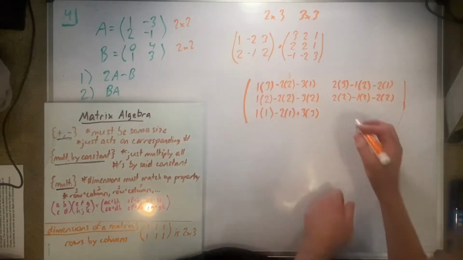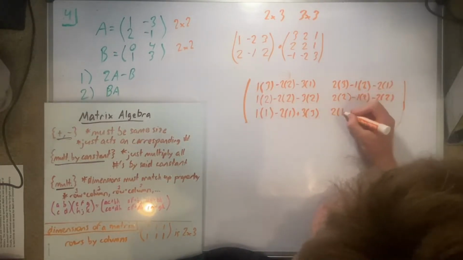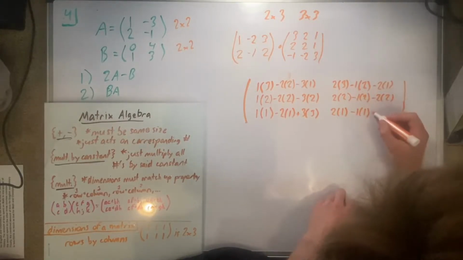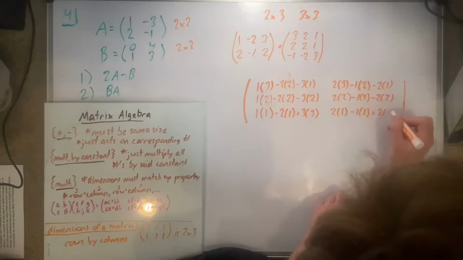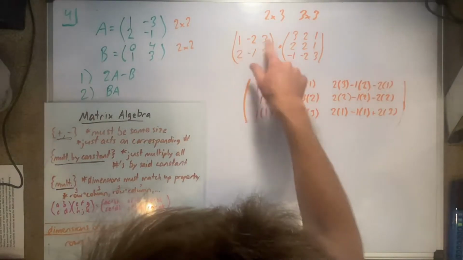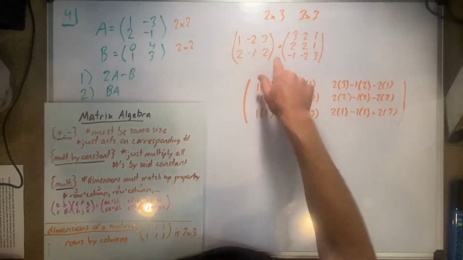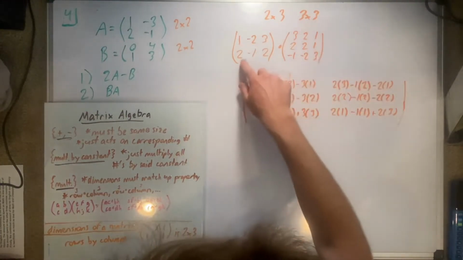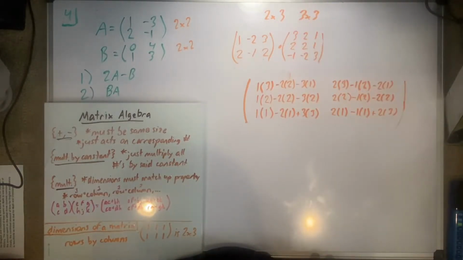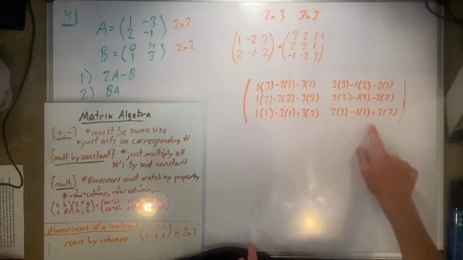Okay, now our final one, 2, 1, minus 1 times 1 plus 2, 3. So again, if you didn't see what I did there, I went number by number, row by row for these, and then column by column. And then now we would just add all of that up. But really the hardest part is getting the setup for it all down.